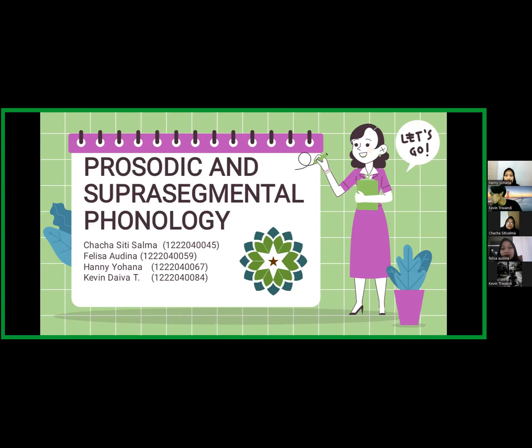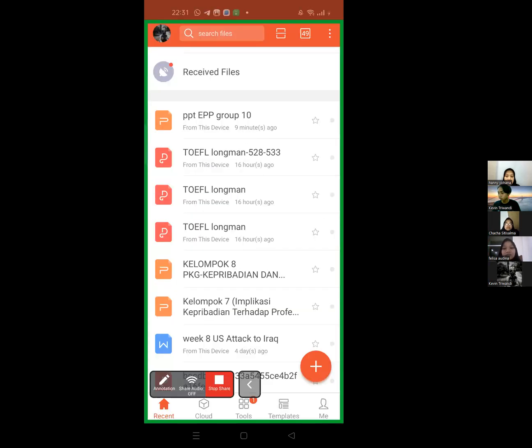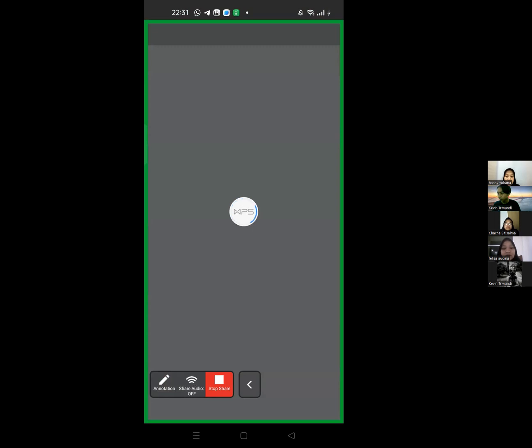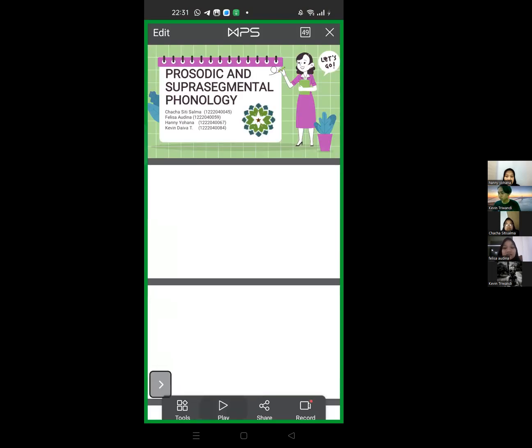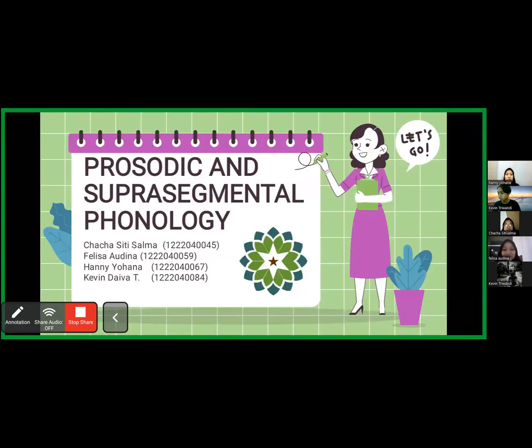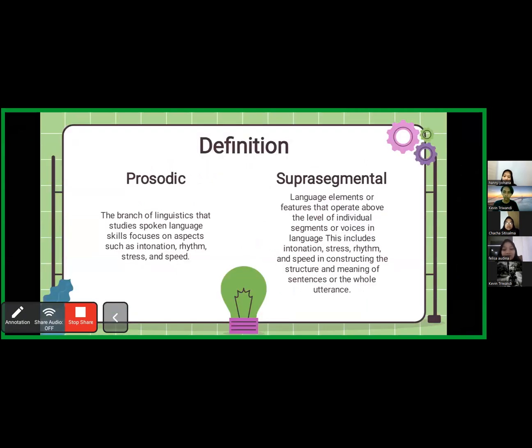Now I'm going to explain the definition of prosodic and suprasegmental. Prosodic is the branch of linguistics that studies spoken language skill that focuses on aspects such as intonation, rhythm, stress, and speed.